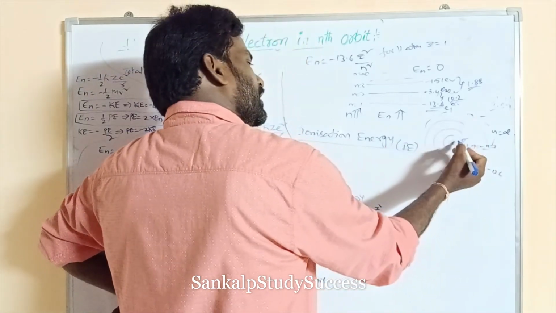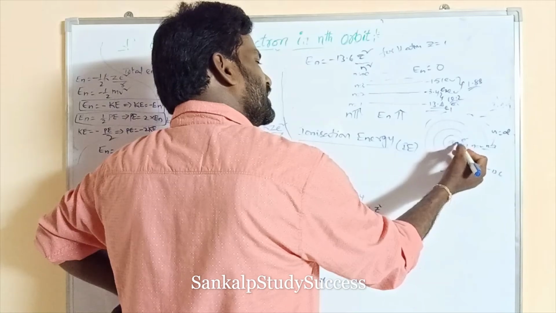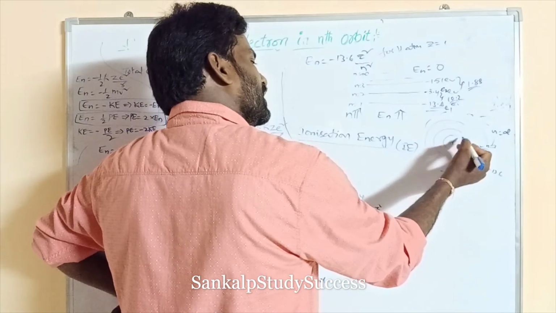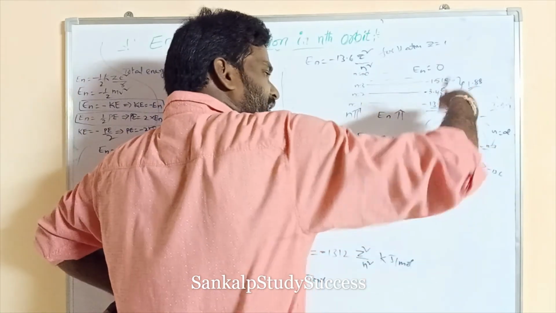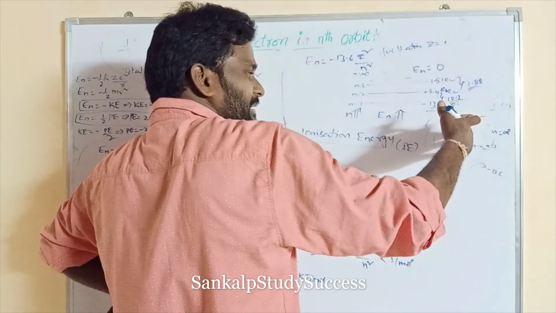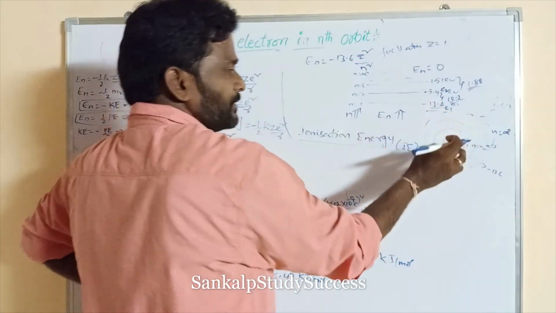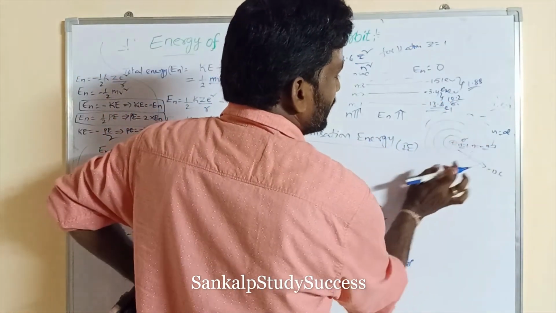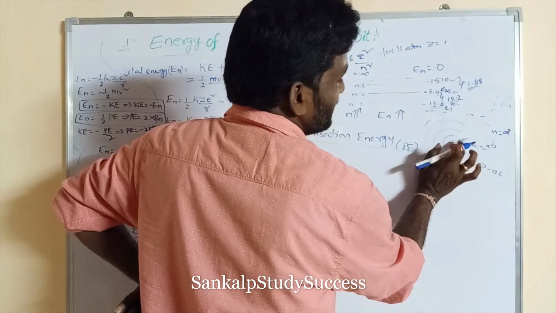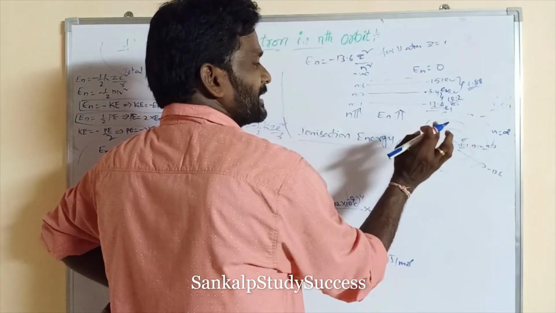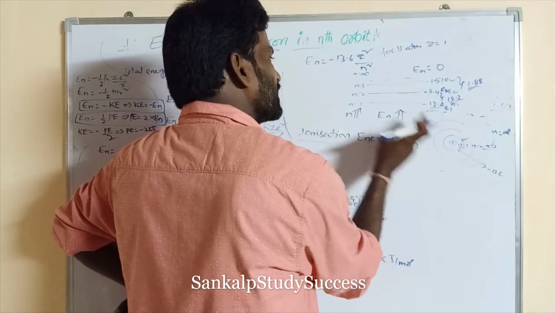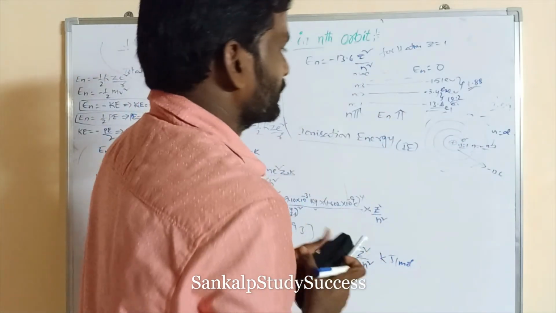So some energy is required to remove that electron; if the nuclear attractive force is broken down, the electron is removed. So that energy is said to be ionization energy.